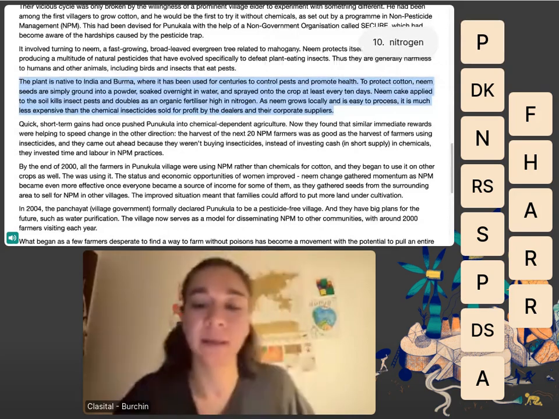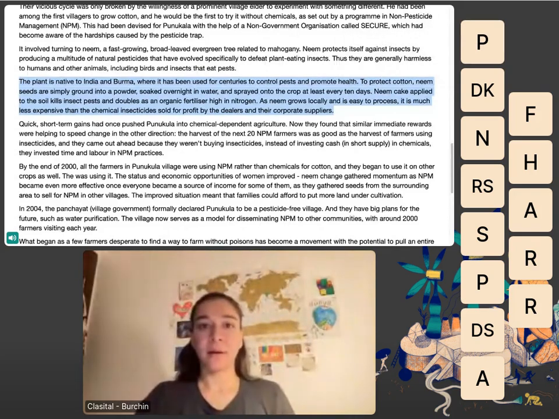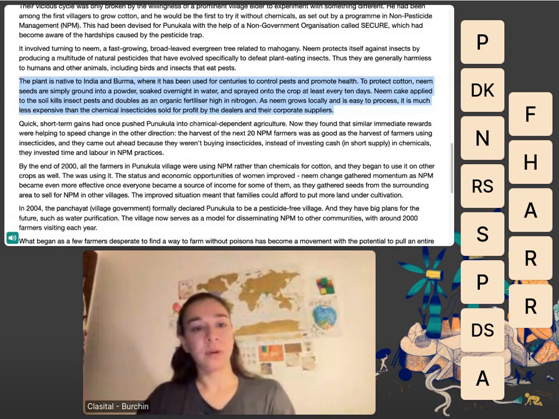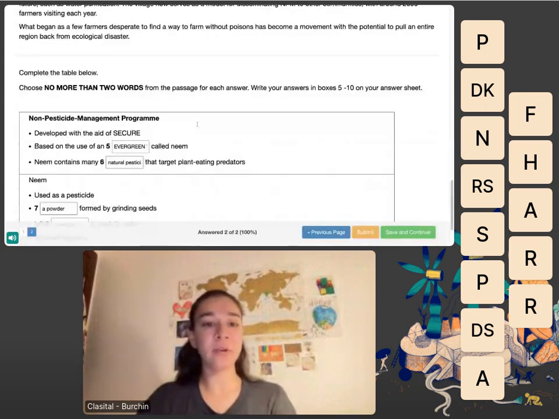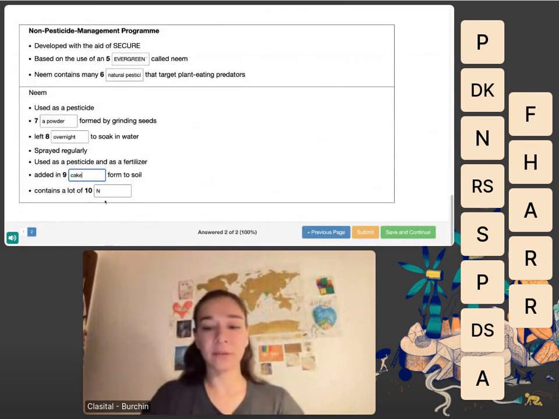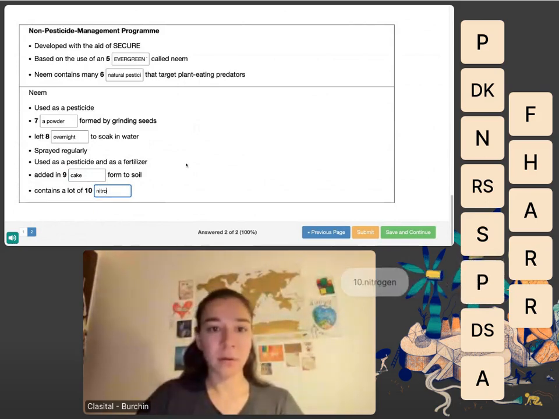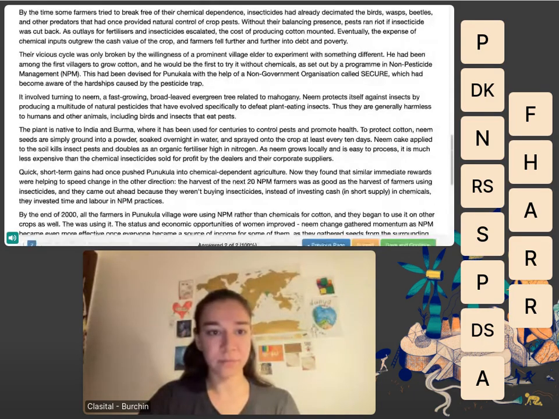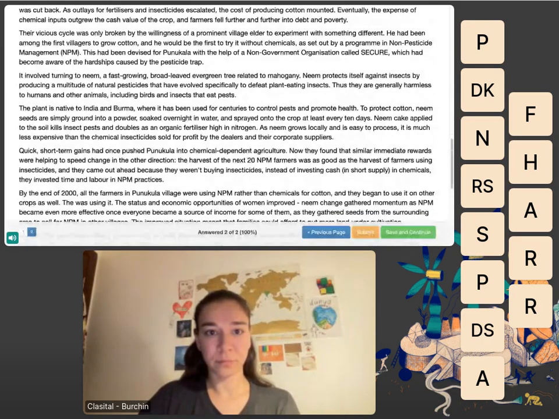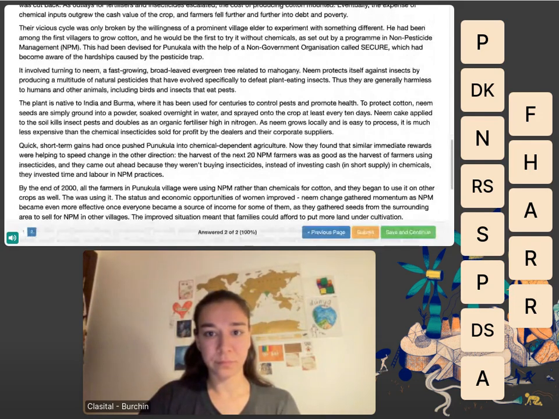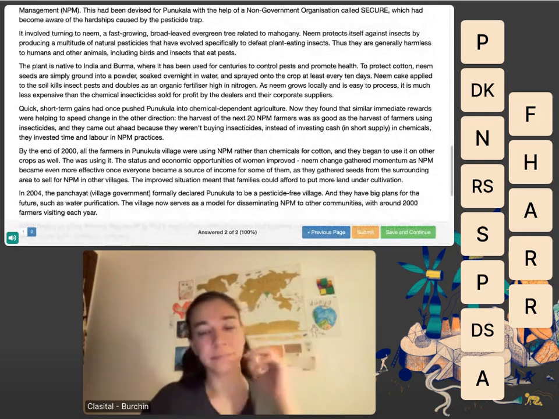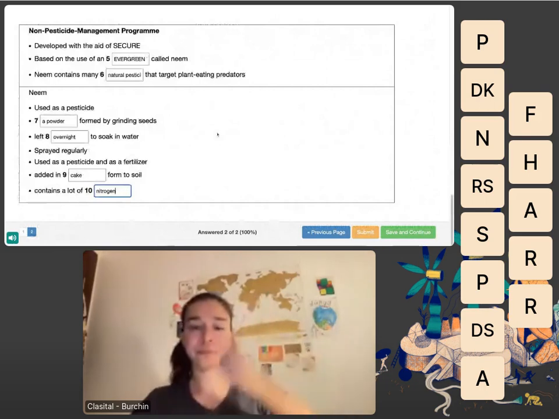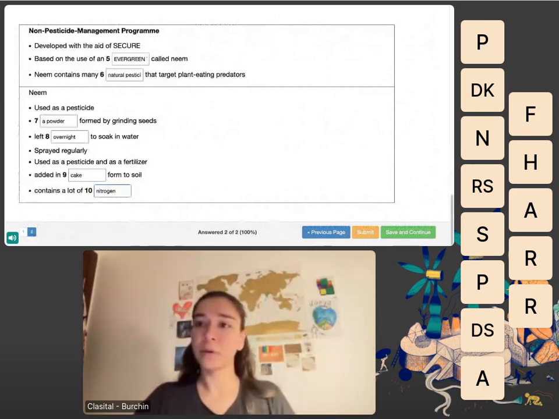As neem, yes. Neem cake added to soil contains a lot of nitrogen. Where is it? Yes. Very good. Do you have any questions about it?